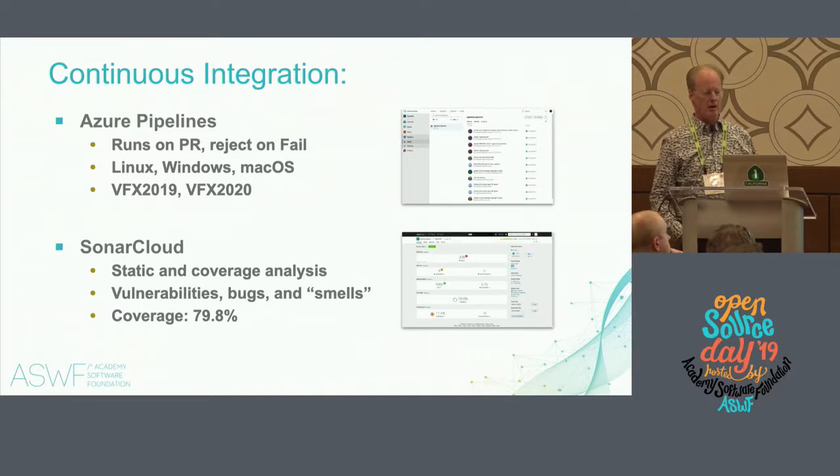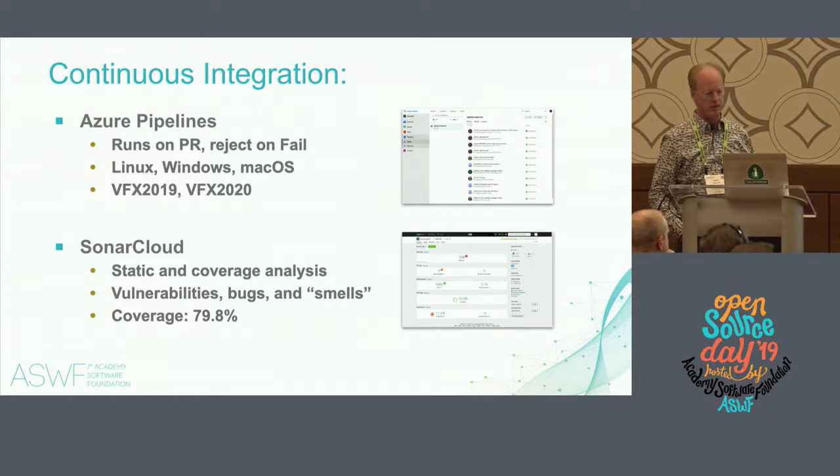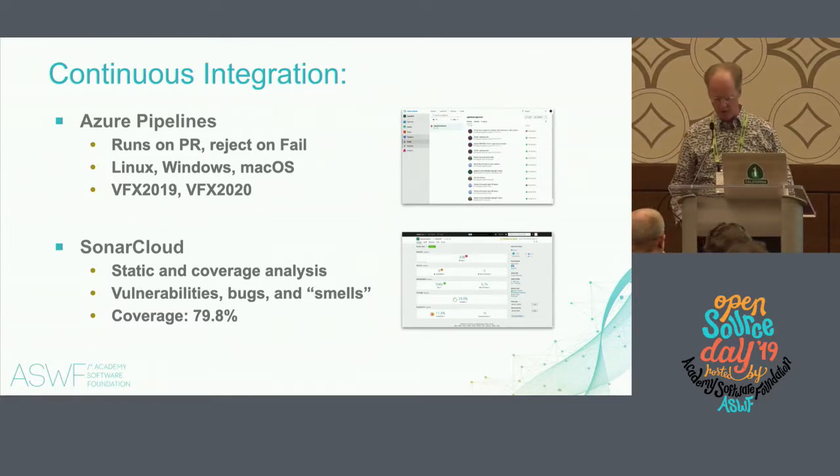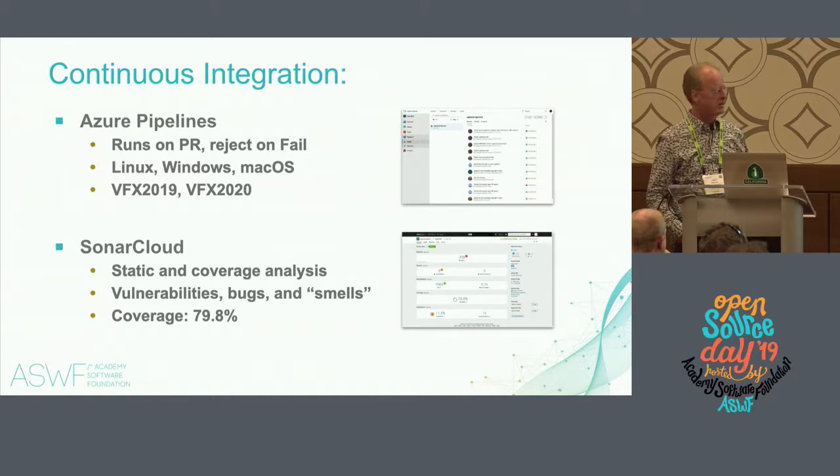Some of the earlier speakers have mentioned Azure Pipeline is the CI system that the Software Foundation has settled on. That's up and running, so you submit a PR and it will automatically kick off a build and reject if it fails. It works for Linux, Windows, and macOS, and simultaneously runs on the different VFX platforms. This is all very fresh, so it's still a work in progress.